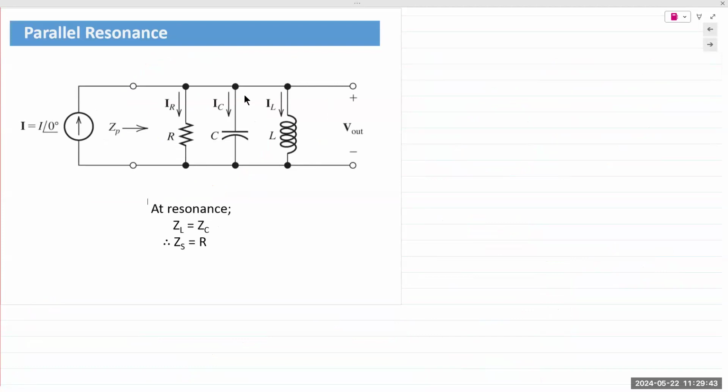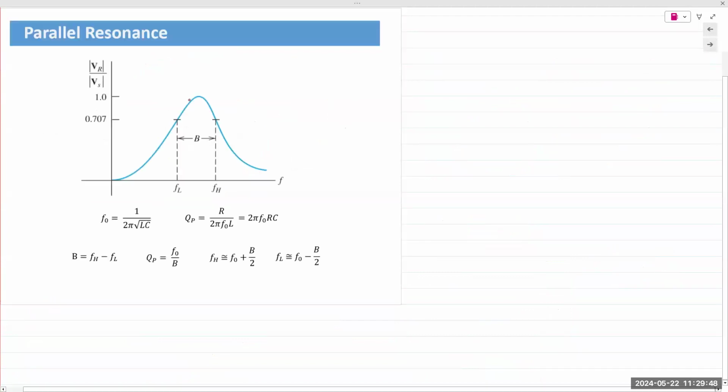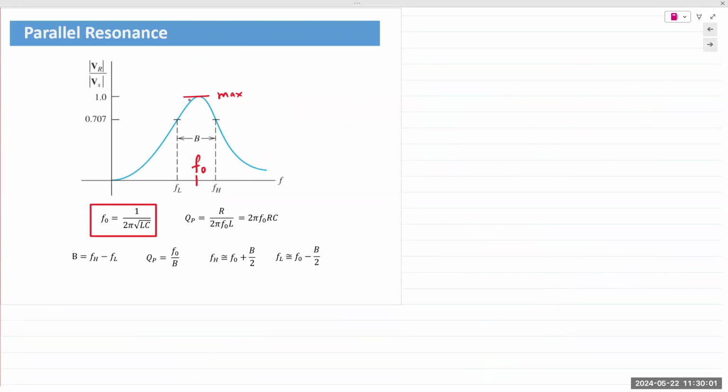And the only thing left in the circuit is the pure resistor R. So for a parallel resonant circuit also, output is at a max at resonant frequency F0, and the equation is again the same: F0 is 1 over 2 pi root of LC. The equations for both series and parallel resonant circuits are exactly the same, except for one quantity, Q. I'll talk about that in just a little bit.